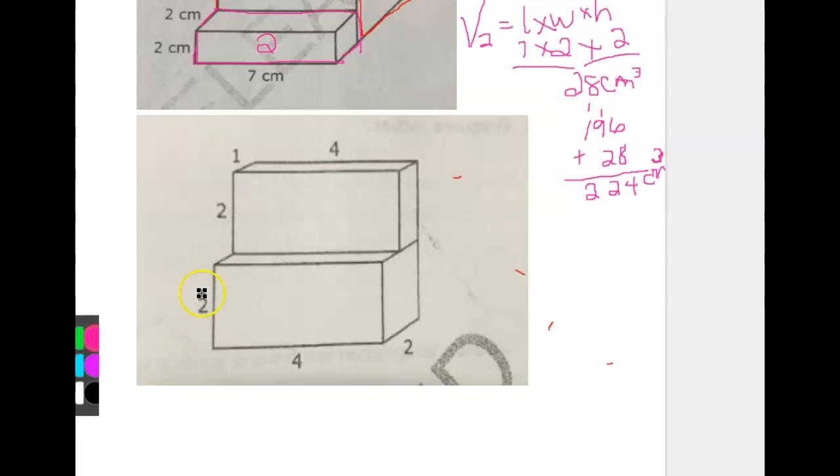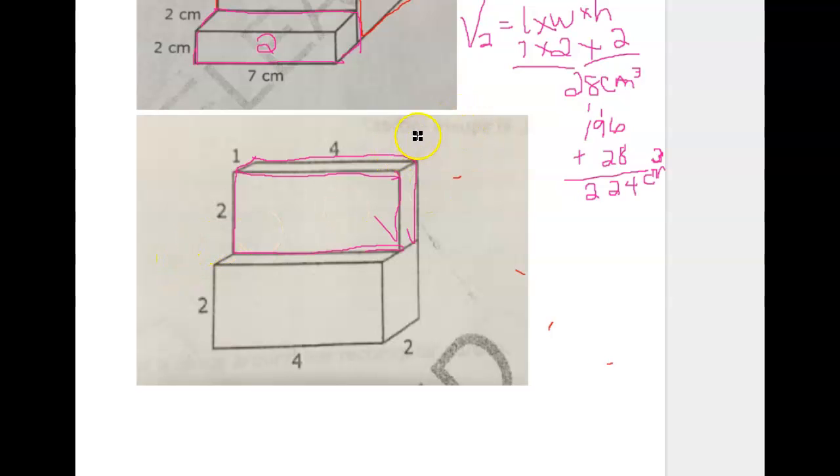If you separate the two boxes, this is the first box here, which is placed on top of the bottom box, which I call the second box. So this is box 1. And the dimensions are complete. It has a length of 4, a width of 1, and a height of 2.